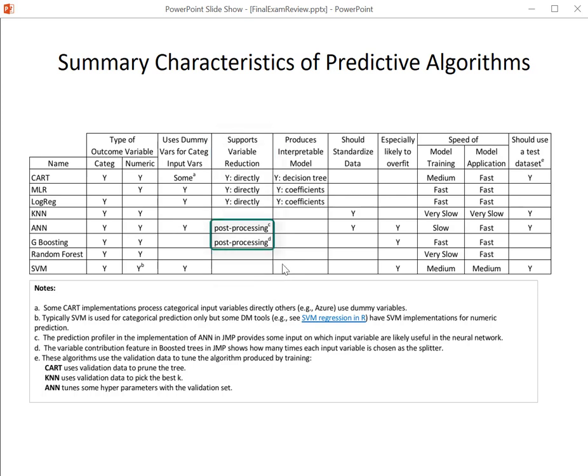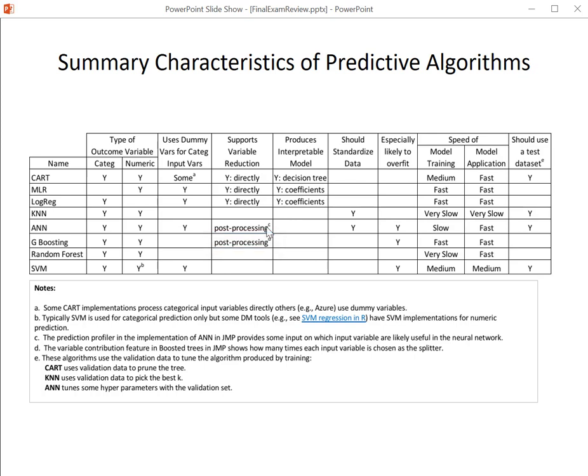Now, some have the ability to tell you after the fact which items were used the most. So for example, in some implementations of ANN, after the network is built, they will show you visualizations that show you, based on the network that has been built, how each input will relate to the output. Gradient boosting in the JMP implementation shows you how many times each of the input variables were used as splits to be able to make the trees.